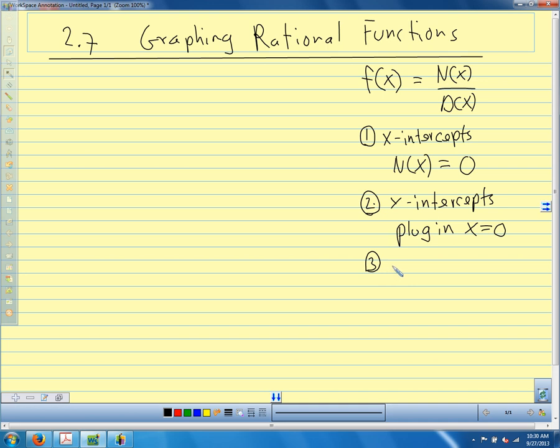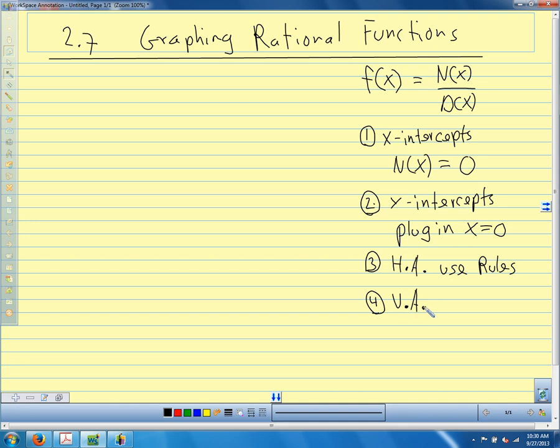We have a rational function, so we're going to find our asymptotes. We'll find our horizontal asymptotes. We have a few rules, so depending on our rules, for our horizontal asymptotes, we'll compare the degree of the numerator and denominator and use our rules. We're going to find our vertical asymptotes.